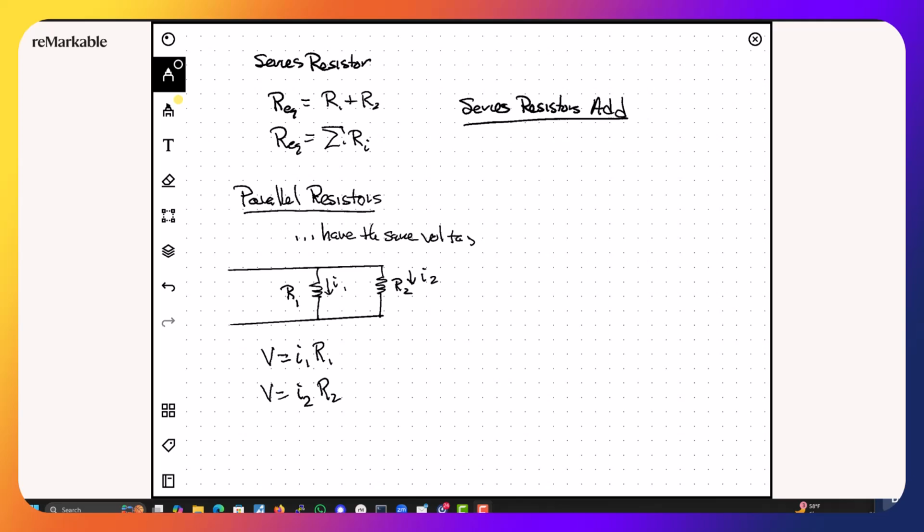Okay. So our equivalent has to carry the total current. So the total current here must be equal to the sum of the currents on the left, I1 plus I2, because you have some current going in here and going out here, and it's got to look the same, I and I here.